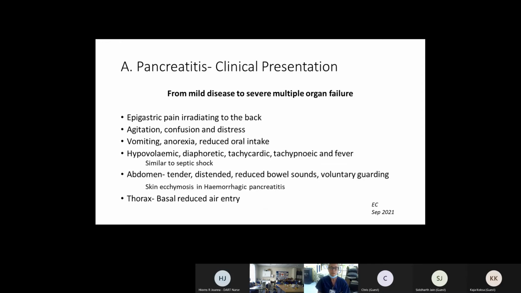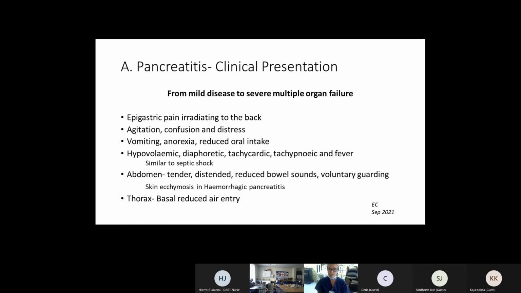Now, the disease, as I told you, can go from a mild disease that can be handled even at home to an extremely severe disease with multiple organ failure. Very characteristic is the epigastric pain radiating to the back. It's very common that the patient presents agitated, distressed, and confused. The GI symptoms are very frequent, as you would imagine, like vomiting, anorexia, and reduced oral intake.